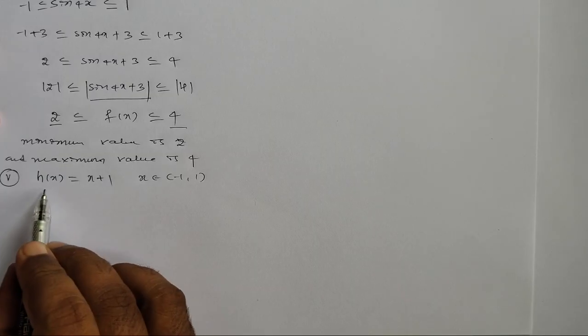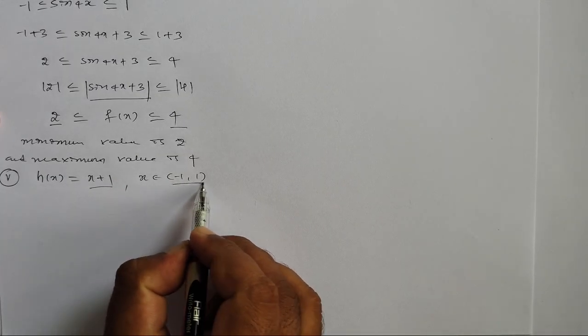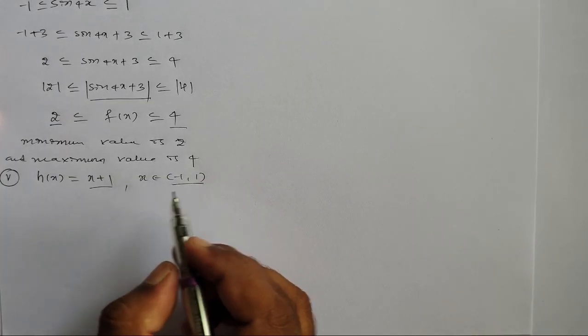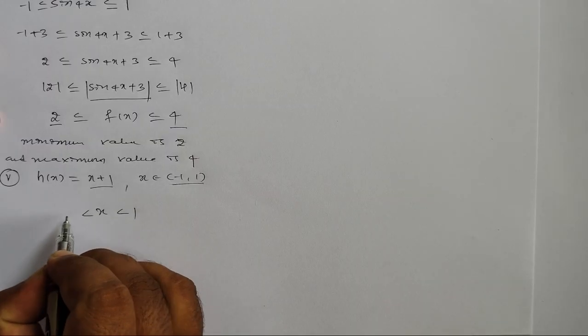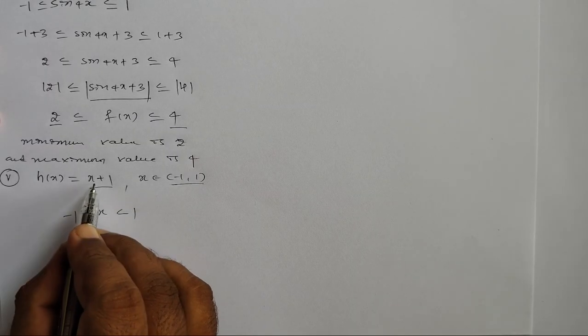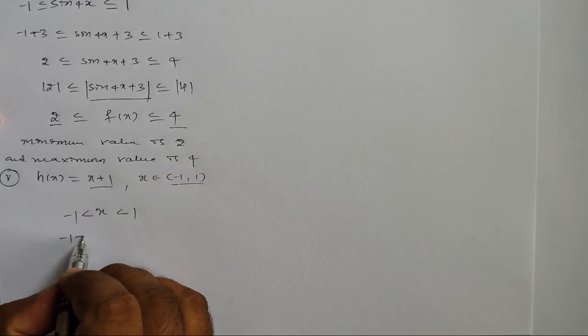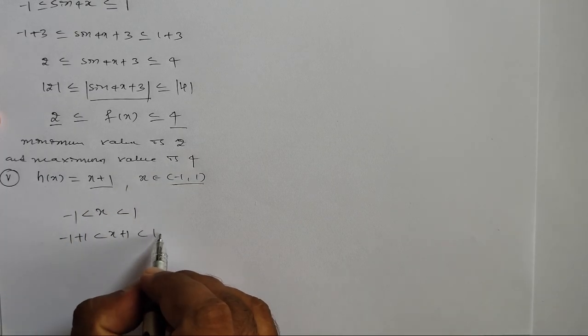Okay, last one, fifth one, h of x is equal to x plus 1, where x belongs to the open interval minus 1 to plus 1. The open interval minus 1 to plus 1 means x is less than 1 and greater than minus 1. So I will add 1 on all the terms: minus 1 plus 1, x plus 1, less than 1 plus 1.